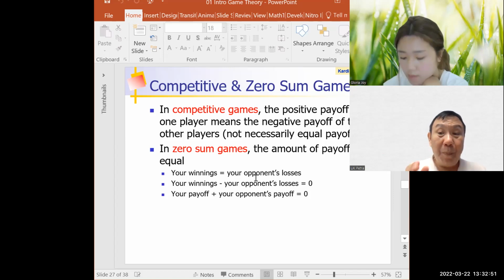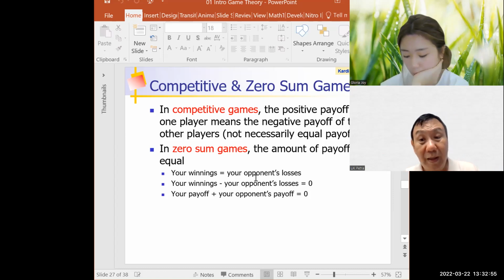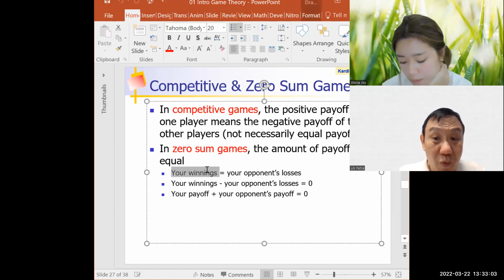So the payoff can be positive, can be negative, and the total is 0. That means if you have only 2 players, your winning equals your opponent's loss.